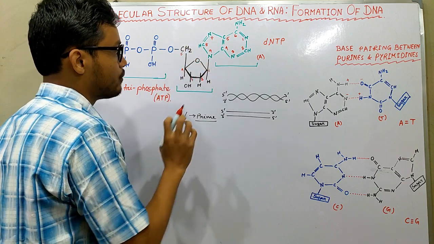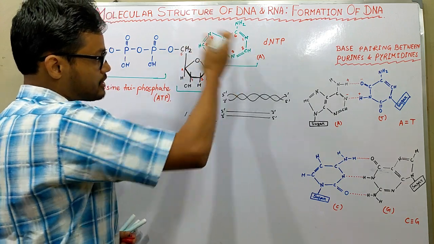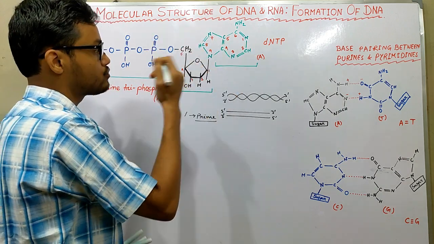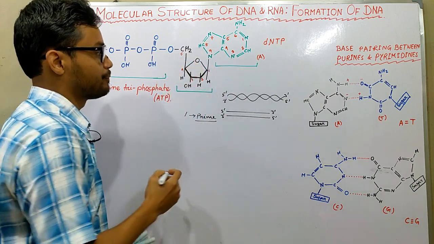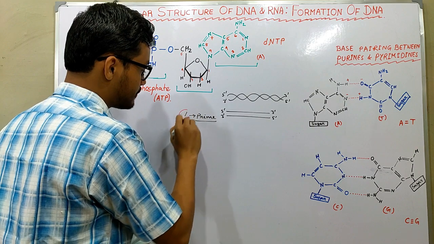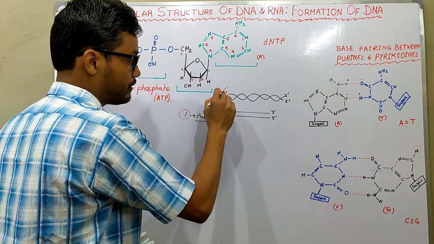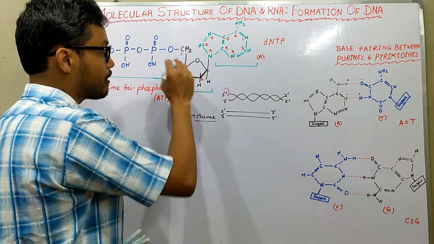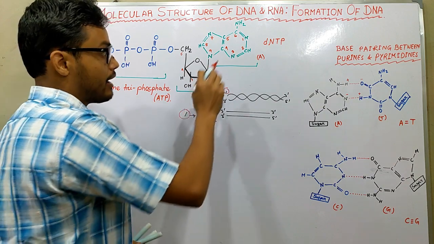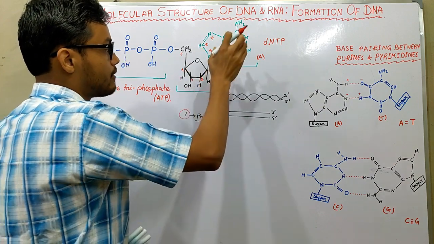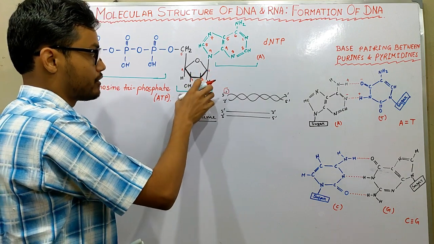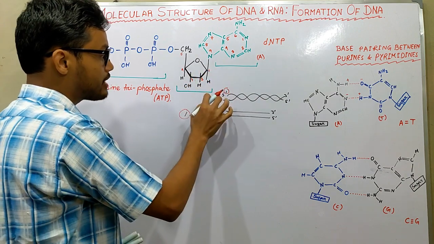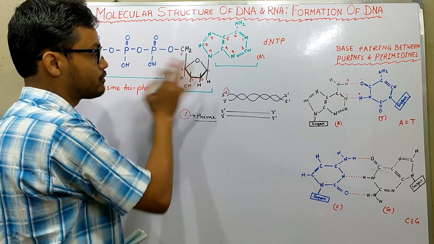So in both the nitrogenous base and the pentose sugar carbon is present, but the prime denotes the carbon number of the pentose sugar, to distinguish it from the nitrogenous base.